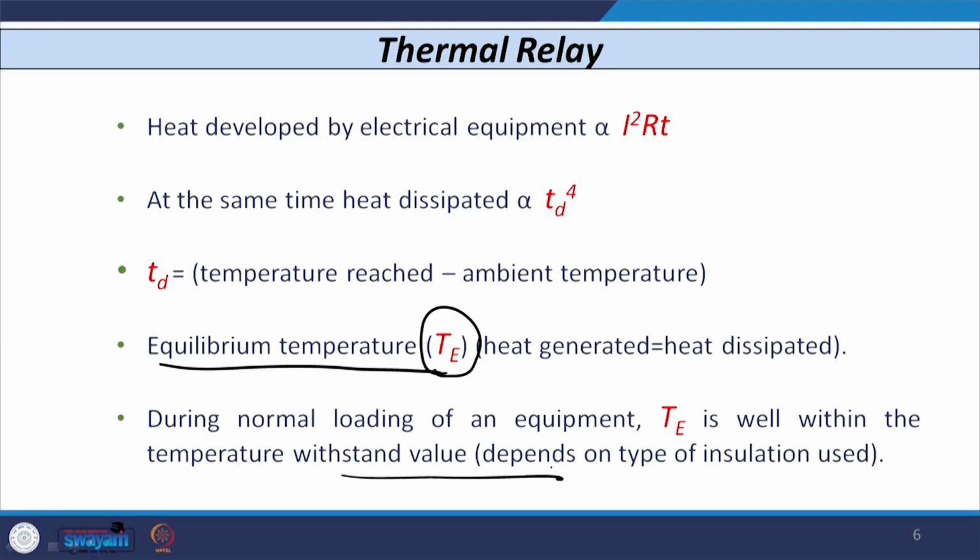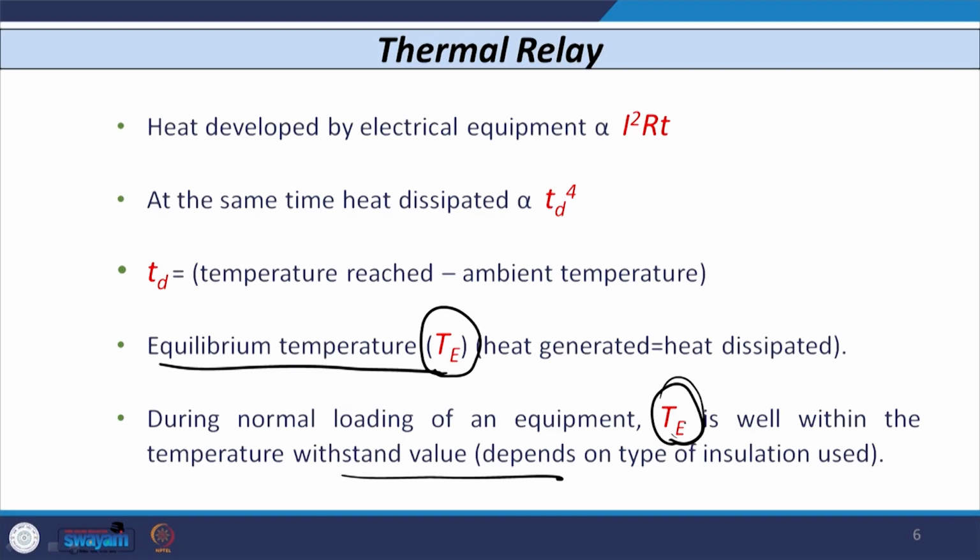That means whenever this transformer draws a rated current or full load current, the equilibrium temperature TE is well within the withstand temperature of the insulation provided in the equipment.